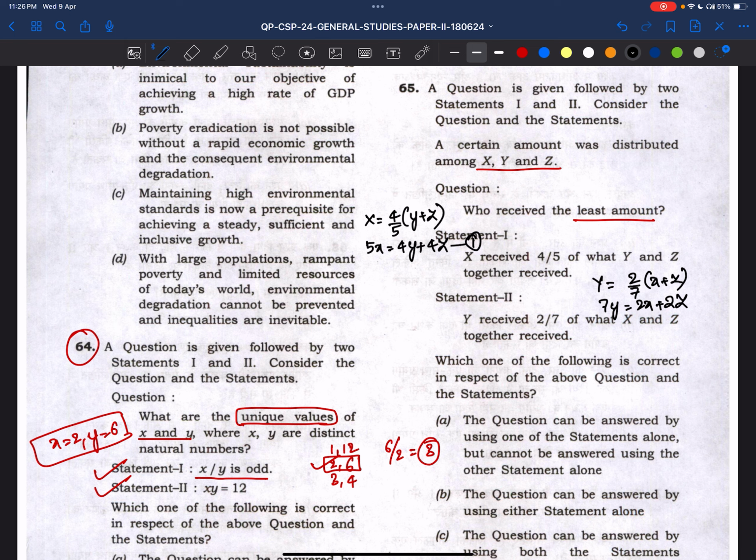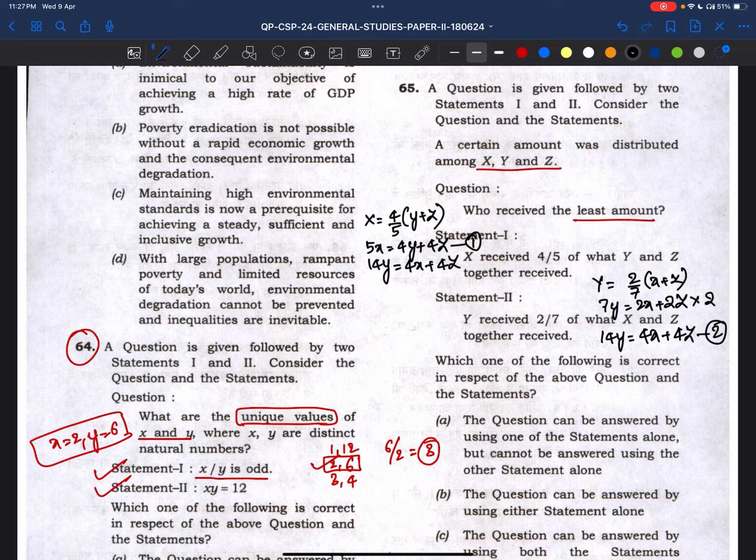So let's multiply this equation with 2. It will become 14y is equal to 4x plus 4z. Now, let's take this equation here: 14y is equal to 4x plus 4z.